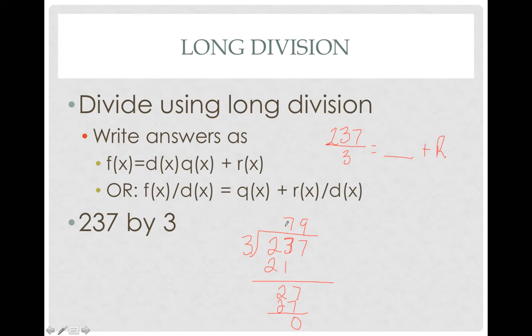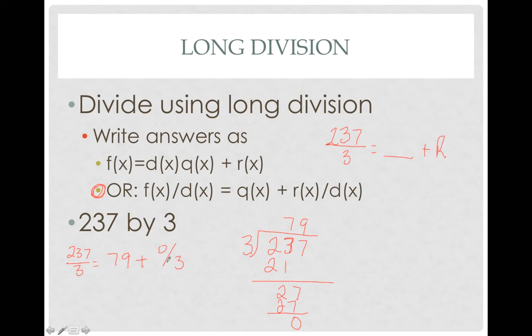So in using these long division things, we could say that 237 divided by 3 is equal to, so we're using this one here, the fraction is equal to the quotient plus the remainder over the original denominator.